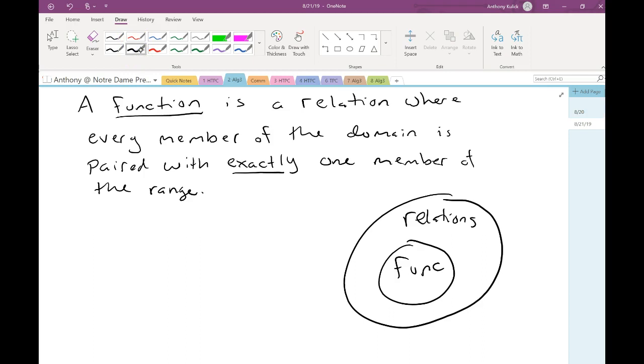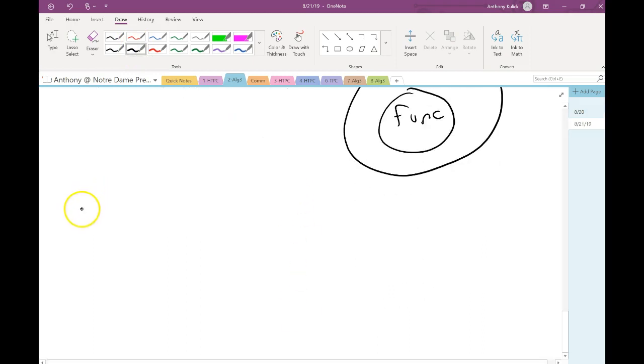Okay? So let's look at an example here of some things that are or are not functions.